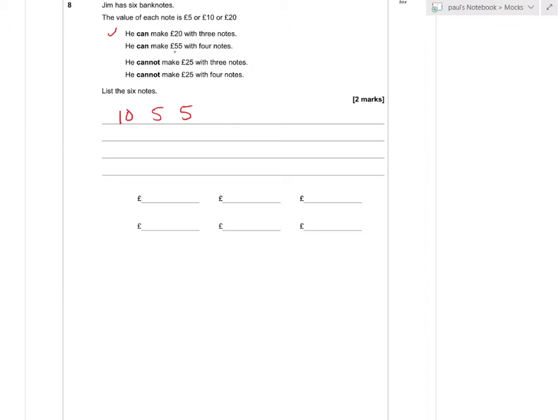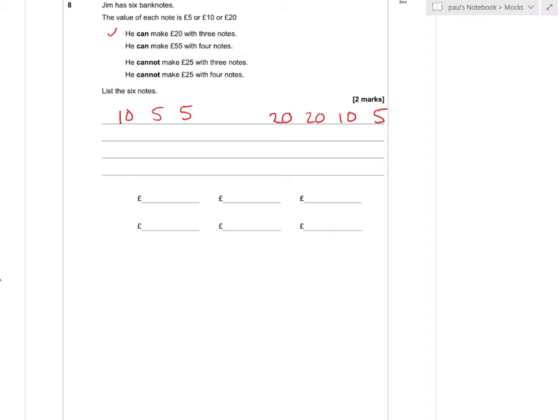He can make £55 with 4 notes. So, maybe 20, 40, 50, 55 with 4 notes. He cannot make £25 with 3 notes. 10, 10 and 5. He cannot make, oh, this is a puzzle.